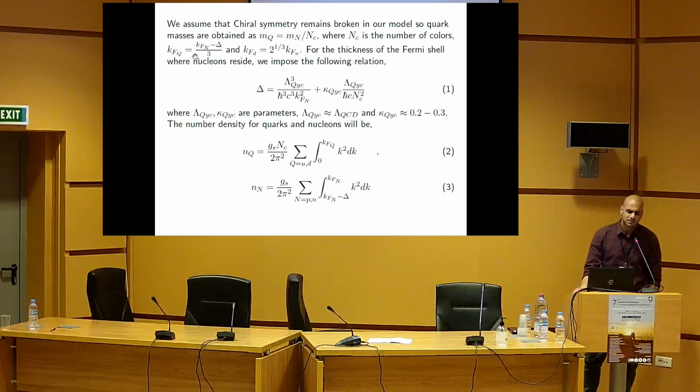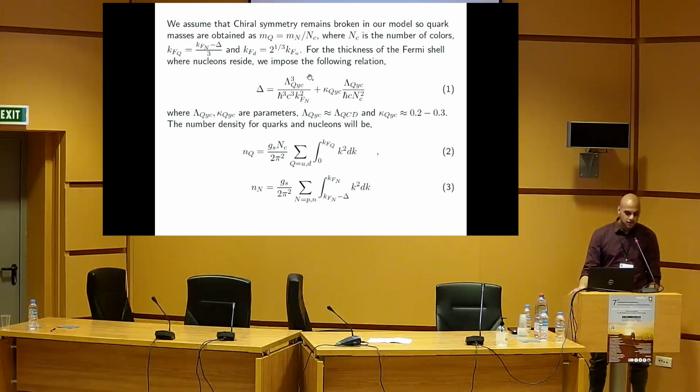This comes from the basic assumption of the theory that the greatest momentum state of the quark, the Fermi momentum of the quark, is equal to the lowest momentum state of a nucleon. And these relations come from charge neutrality.